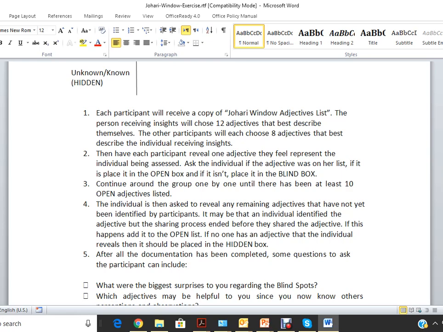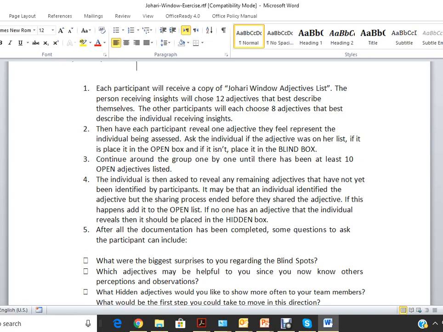If this happens, add it to the open list. If not, the individual reveals it, and then it should be placed in the hidden box. That means if that adjective was not discovered by the participants and the person reveals it, then it should be in the hidden box.